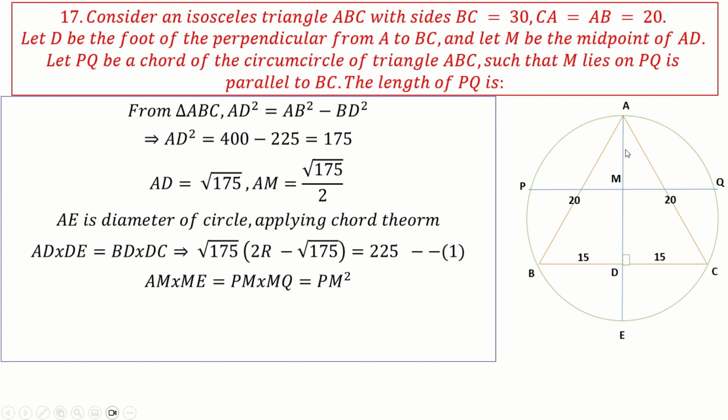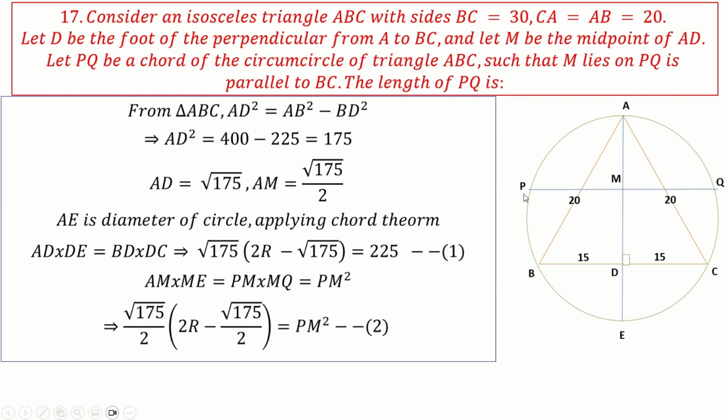Why? It is nothing but AM is equal to MD, correct? AD is square root of 175. So, DE is nothing but 2r minus square root of 175. That's what I substituted here.